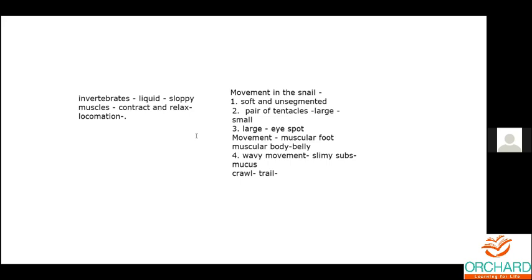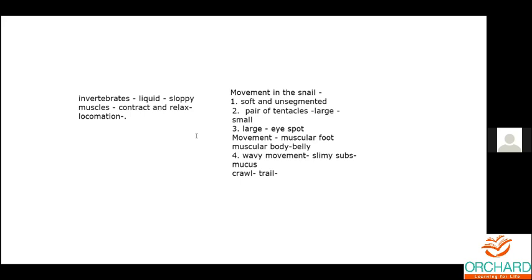So for movement, they use the muscular foot, muscular body, and the belly. The belly is covered with slimy substance, which helps in movement along with the muscular foot. When they are moving, they leave a trail, because they cover themselves with slimy substances.